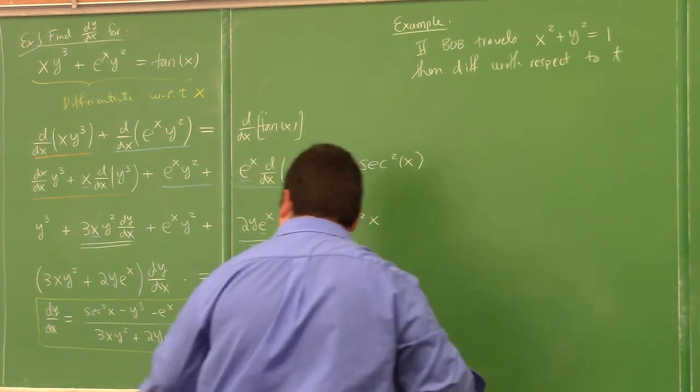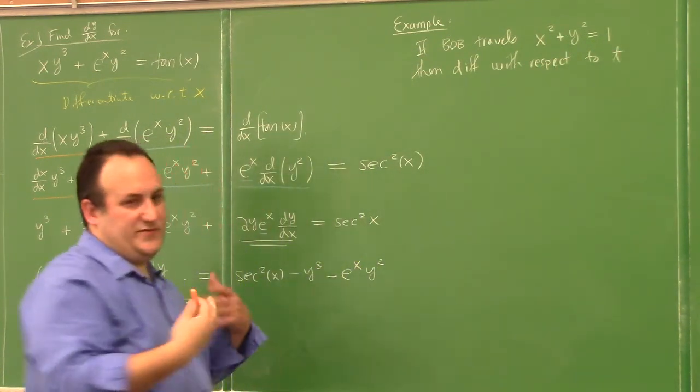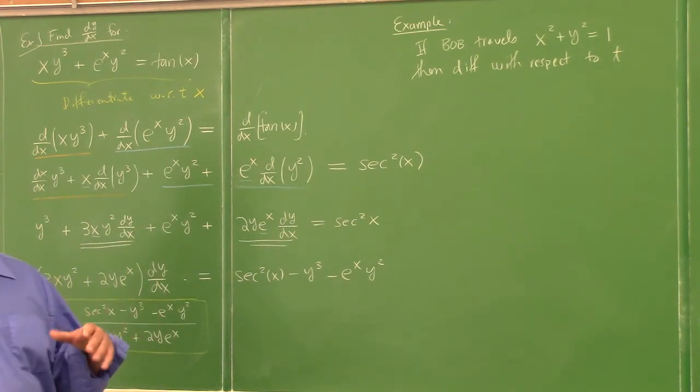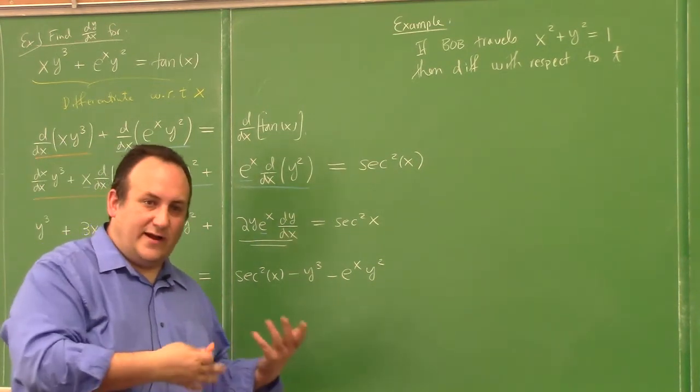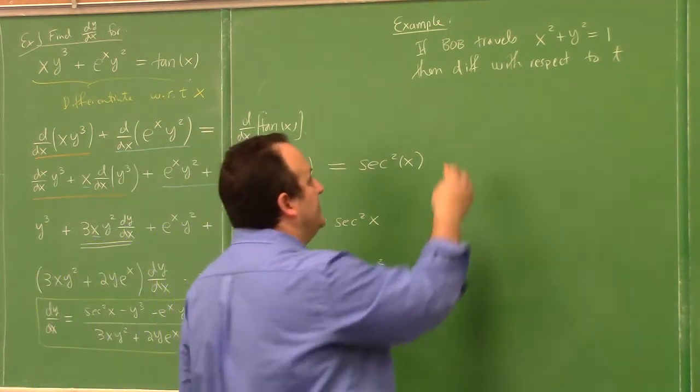So what do I mean by that? Well, if Bob is traveling, we can think about the coordinates of Bob, x of t, y of t. Well, x and y are both functions of time for Bob, right?